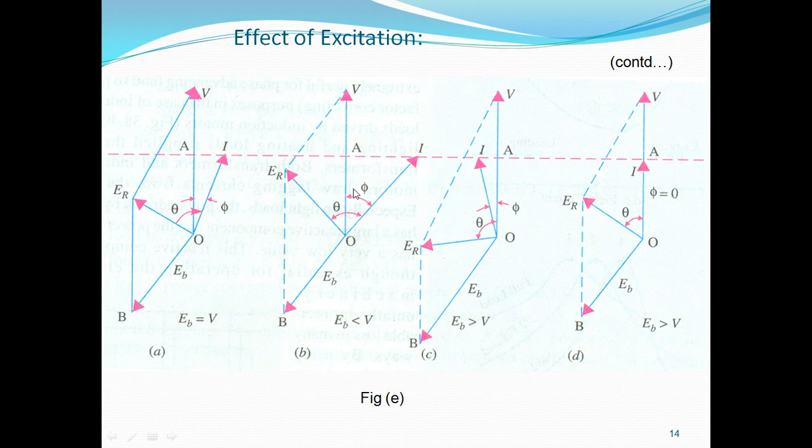If you reduce the excitation, the current is lagging. If we increase the excitation, the current is leading. So between this lagging and leading, we have unity, that is, the current is in phase with the voltage. So if you change the excitation to a particular point, the current is in phase with the voltage. At that time EB is greater than V, but both are in phase with each other. So phi is equal to 0.